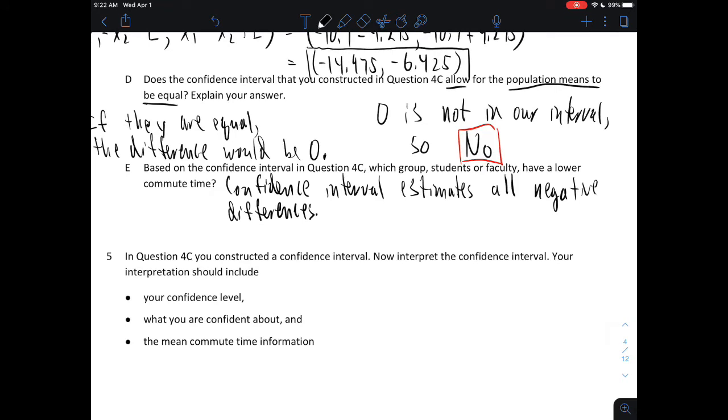Students. If faculty are greater, then students are lower. So those are two interpretations we can do for our confidence interval.